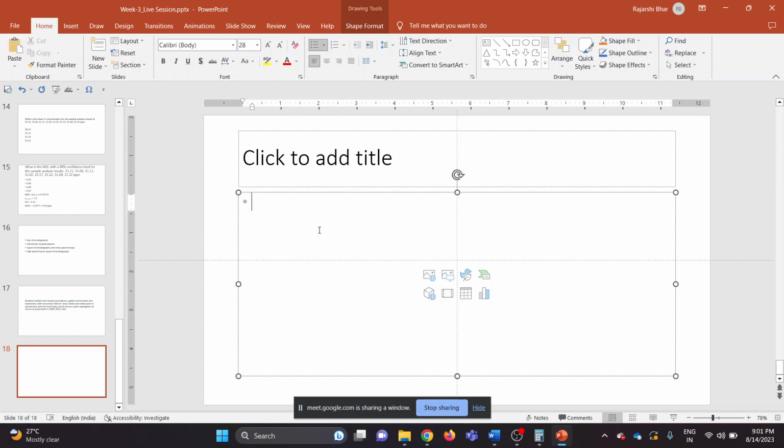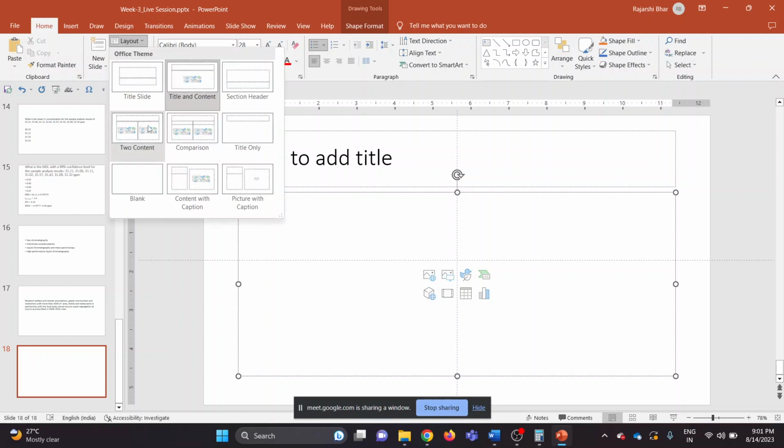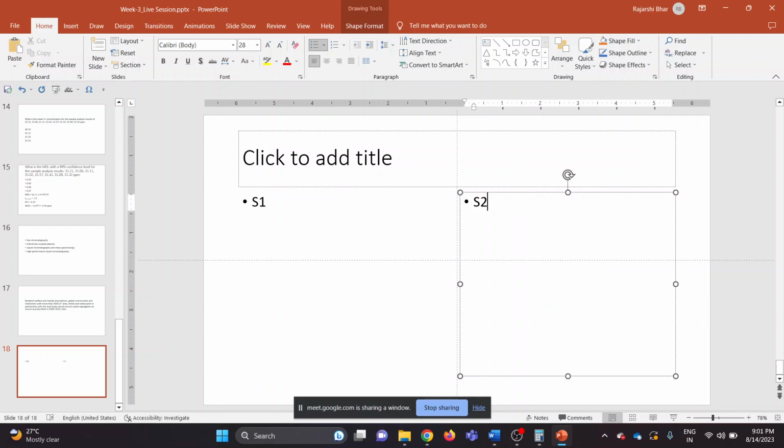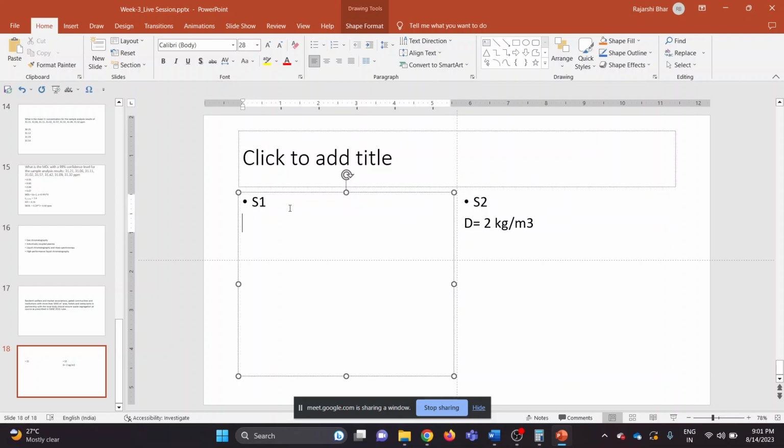Yes, sir. I hope my screen is visible. So let's say this is S1, stream 1, and this is stream 2. Here the density is, let's say, 2 kg per meter cube, and here it is 3 kg per meter cube.